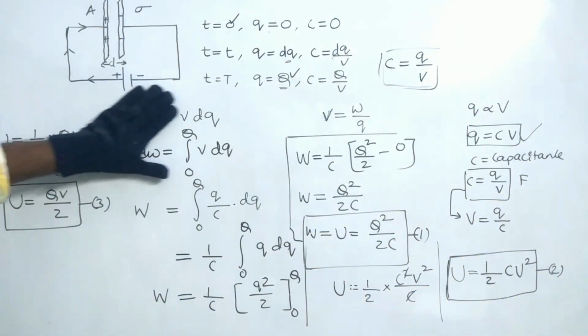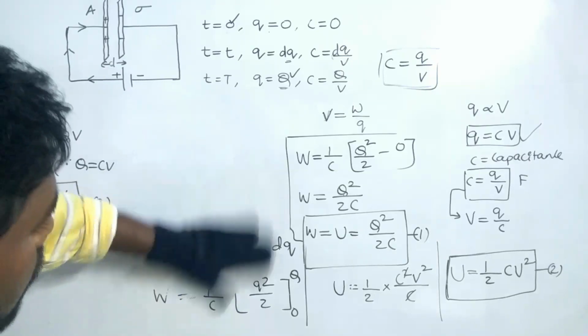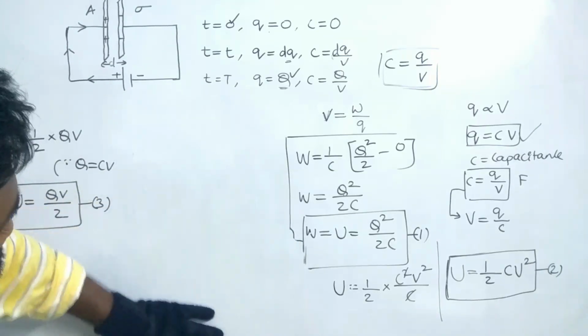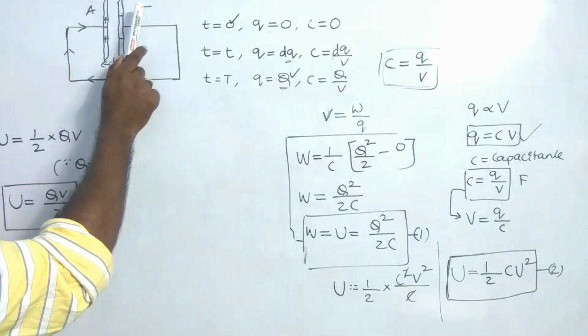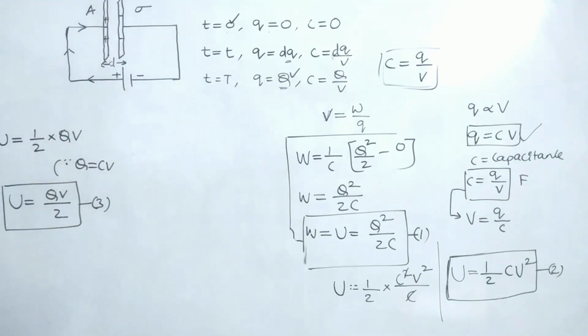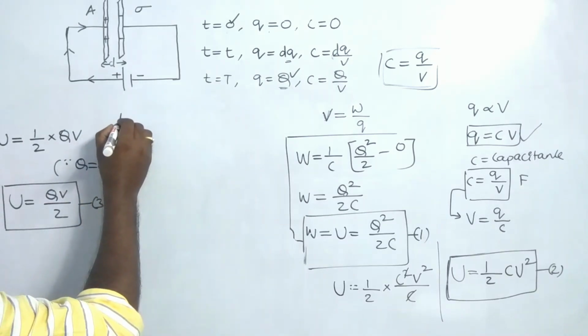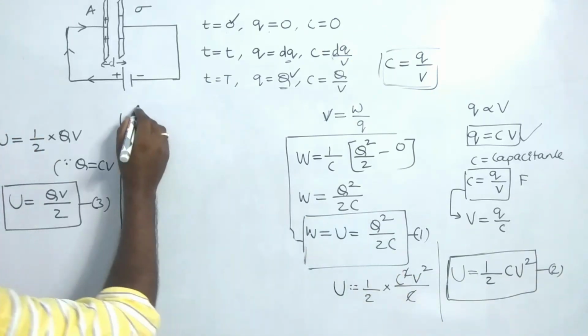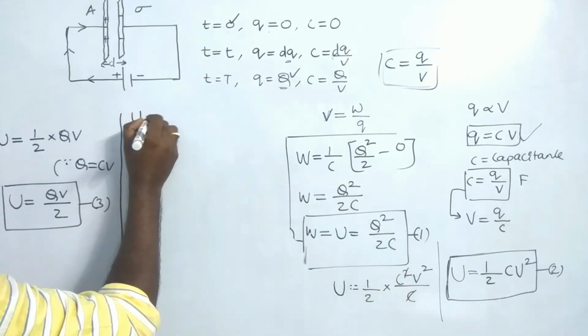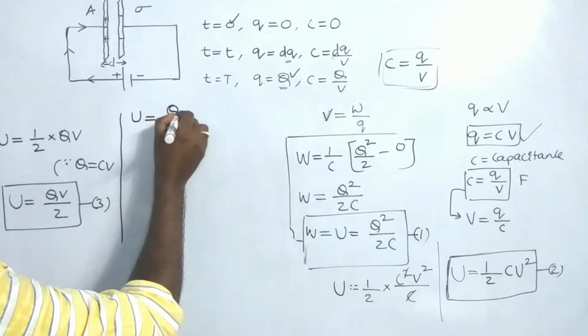So if the distance between the two plates is small d, the area of the plates is capital A, the surface charge density is sigma, and the intensity of electric field acting between the two plates is E, then the energy stored in the capacitor, from equation 1, you can write U is equal to Q square by 2C.